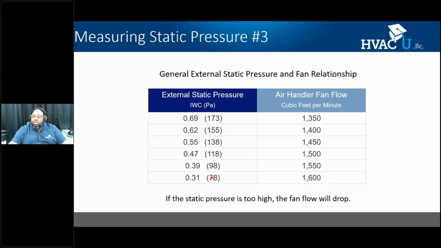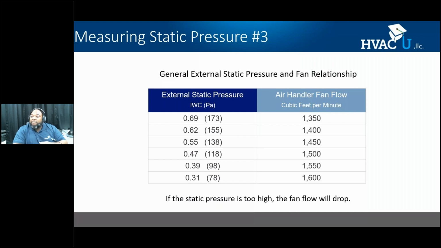If I start to increase that static pressure, and let's say I'm at 0.69, that same fan can only deliver 1350 CFM. So as the static pressure increases, my airflow decreases, my performance decreases, my comfort complaints increase. I have a lot of problems by not maintaining that static pressure.